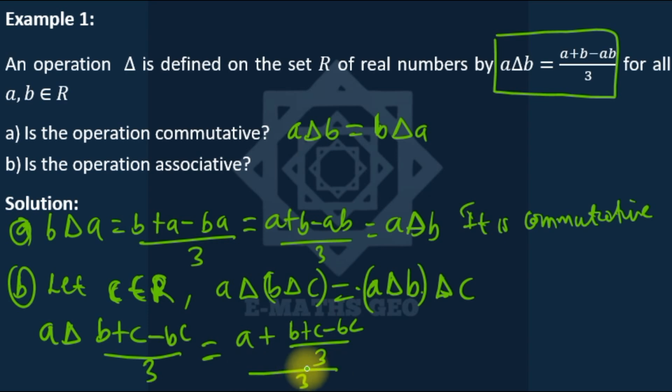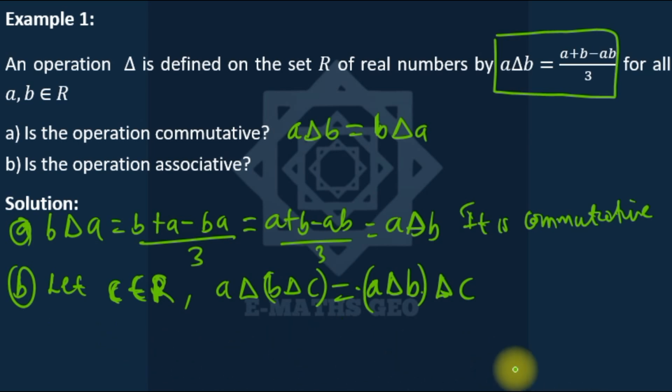So for the left hand side, this b triangle c is b plus c minus bc over 3. So that's it. Let's continue.